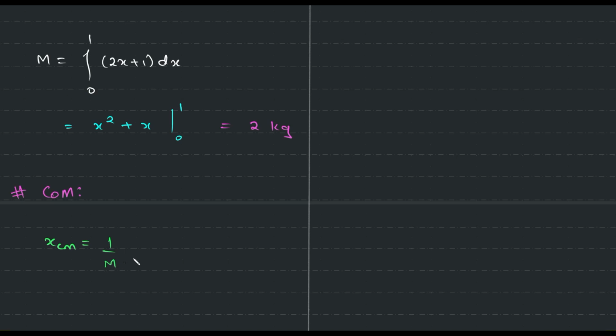So 1 by m, integration from 0 to 1, x lambda x dx. I hope you guys remember this formula. This is actually basically dm, from xi to xf.